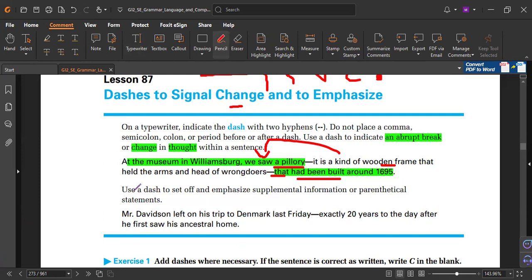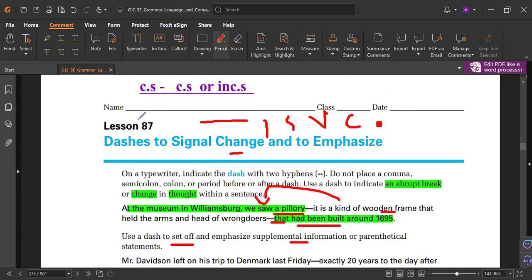That means we can use two dashes. Again, we can use dashes to set off and emphasize supplemental information. What is supplemental? To supply information, to add, to clarify. So look, like a colon, before it must be complete. As I told you here, it must be complete.